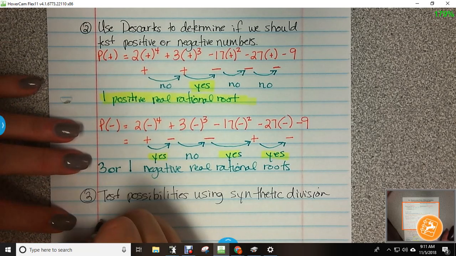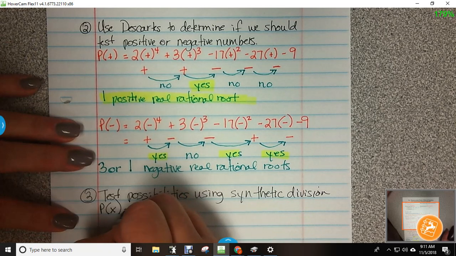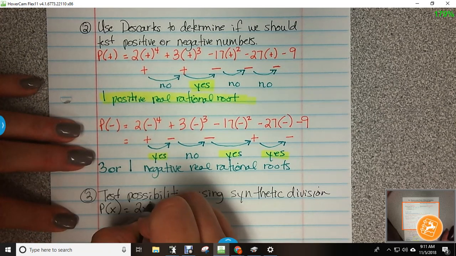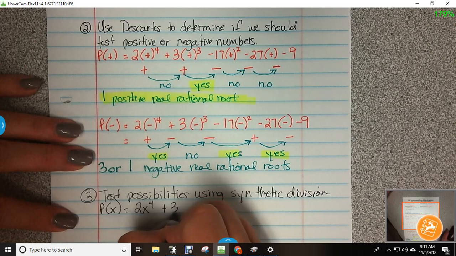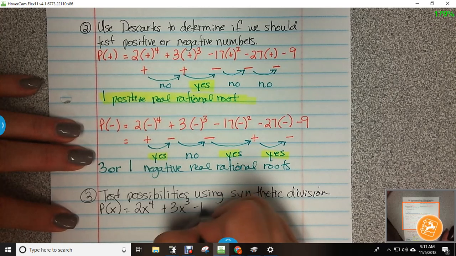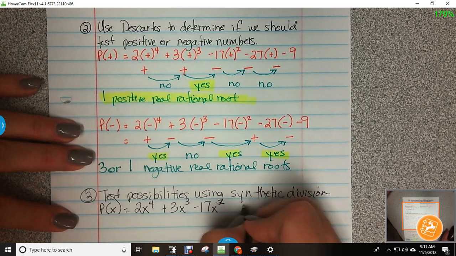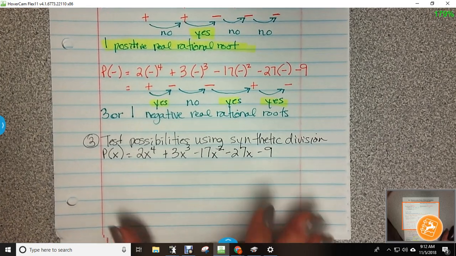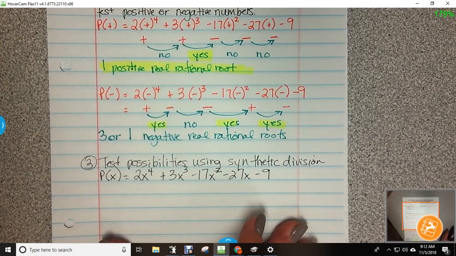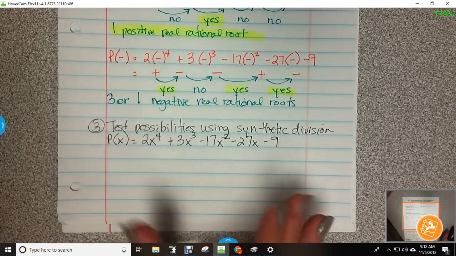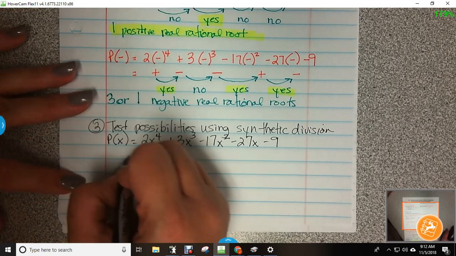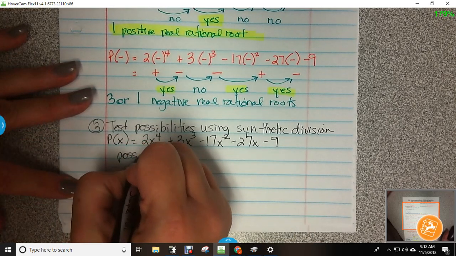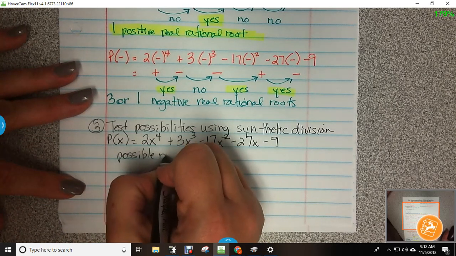So I'm going to recopy my P of X down here, just so you can all still see it. I'm also going to go ahead and list my possibilities again. These are the possible rational roots.